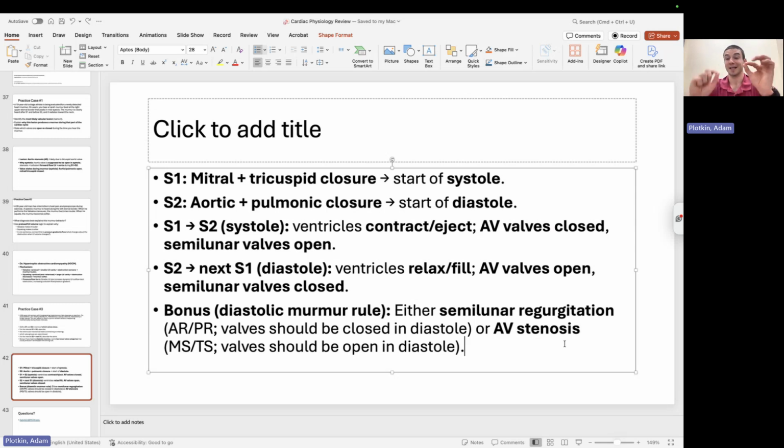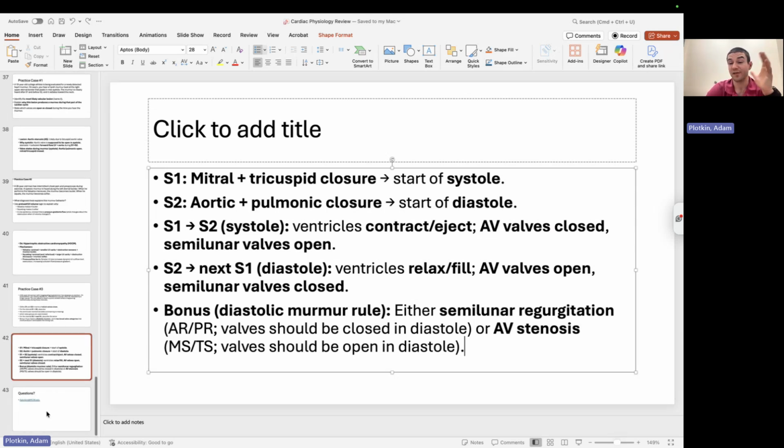If I hear a diastolic murmur, it gets a little more complicated than this, because both S3 and S4 are technically diastolic sounds, but for the sake of today's discussion, with diastolic murmurs we're either thinking aortic or pulmonic regurgitation, because those valves should be closed during diastole, or mitral or tricuspid stenosis, because those valves should be open during diastole. So think about how all that physiology works.